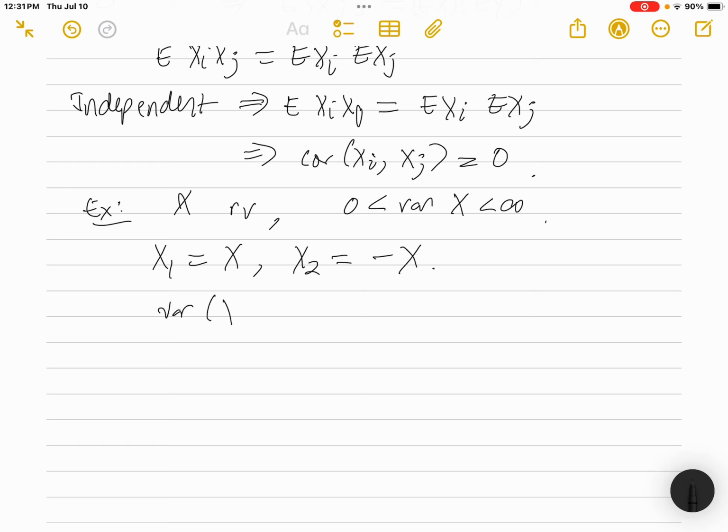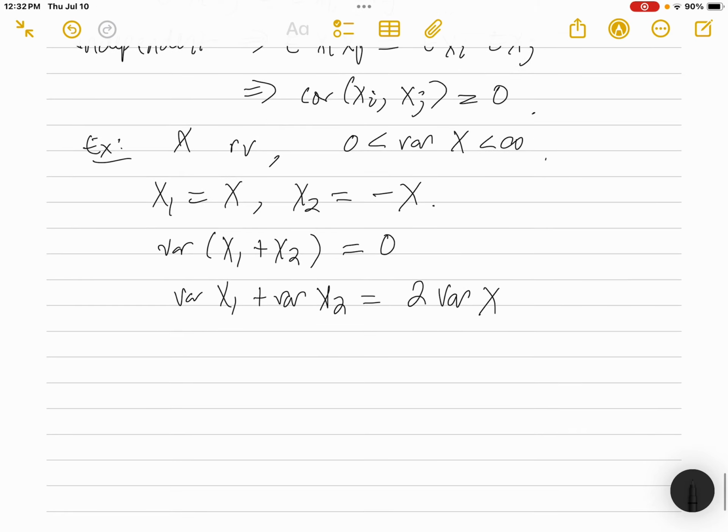Well, x1 plus x2 is just the 0 function, so the variance of x1 plus x2 is 0, but the variance of x1 plus the variance of x2 is equal to 2 times the variance of x. If the variance of x is not 0, which we assume, then they are not the same. So in general, they're not equal.